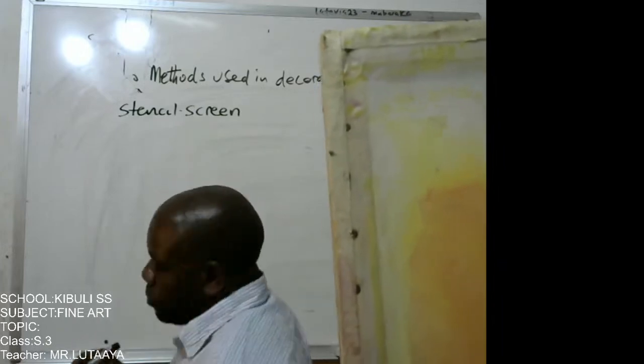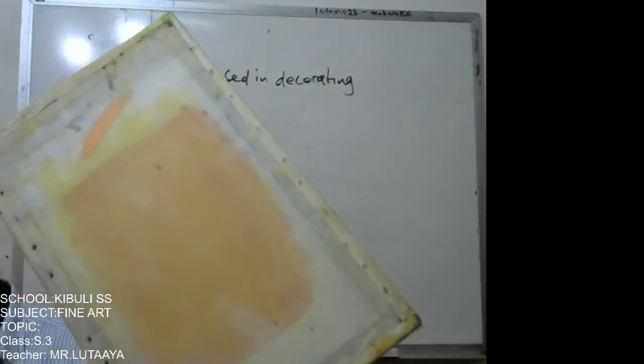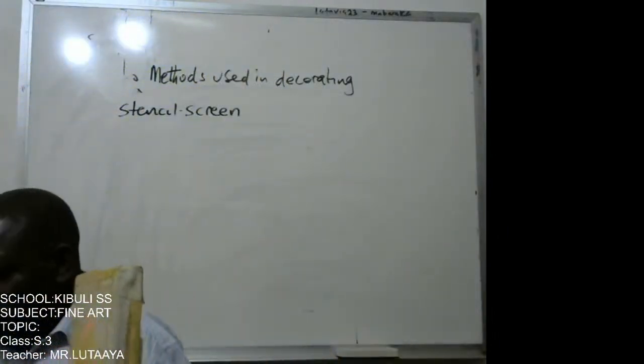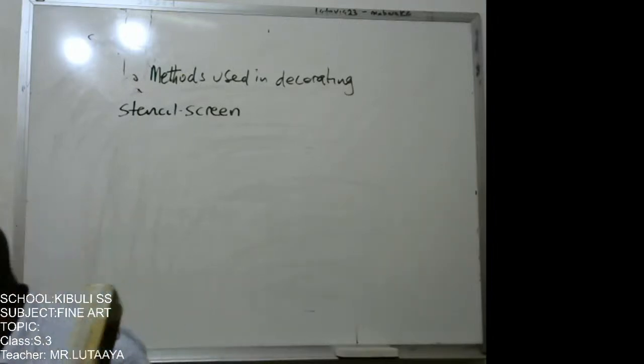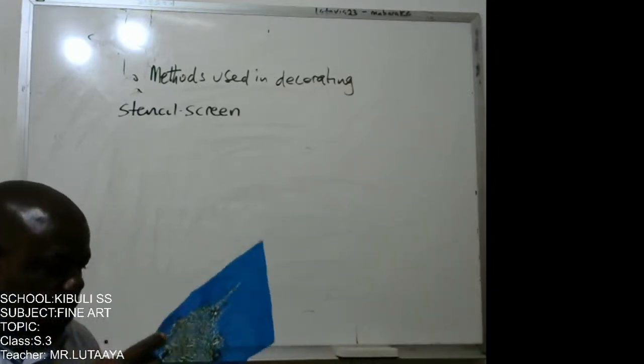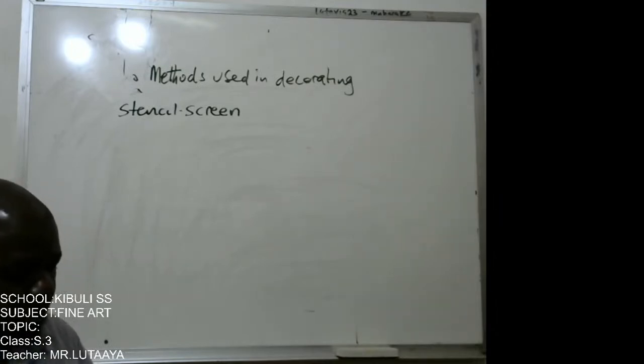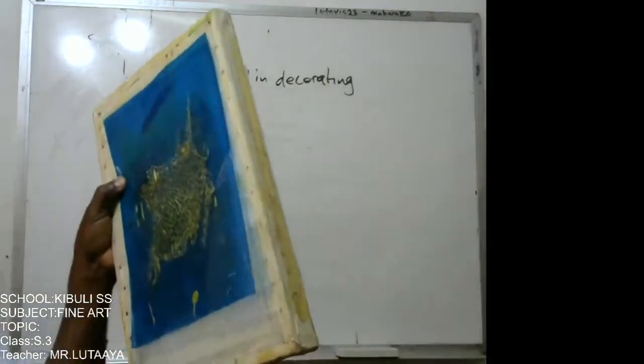It is combining two things, the stencil and the screen. As we have said, this is the screen. Now, we are going to combine two things. One, we get our stencil and place it at the back of our screen.